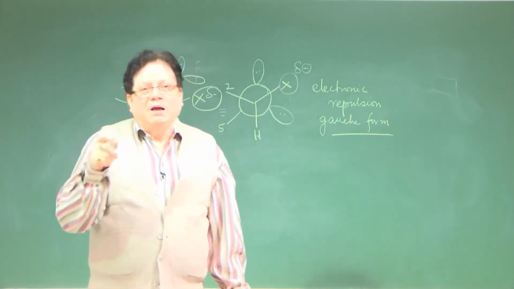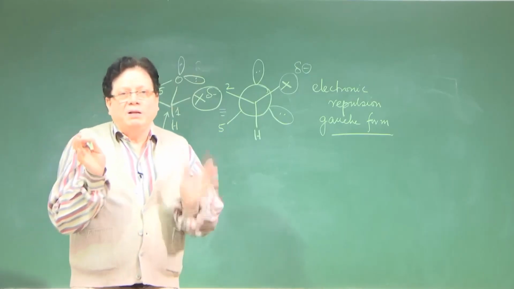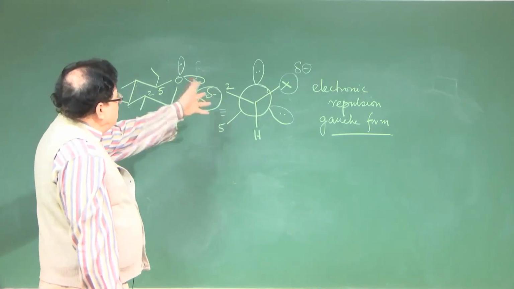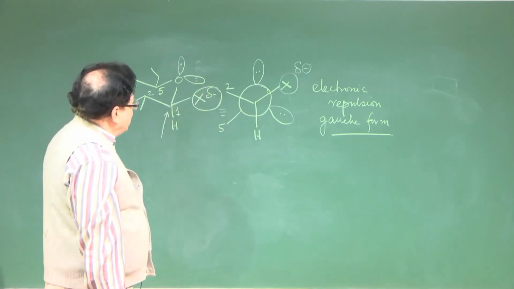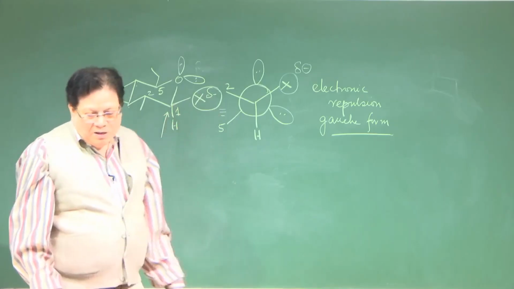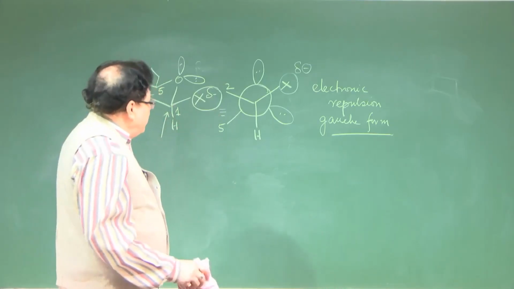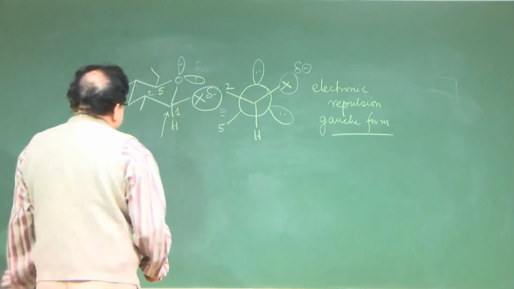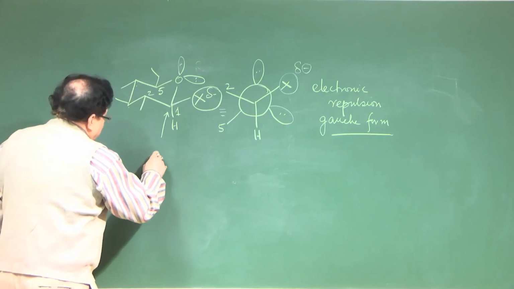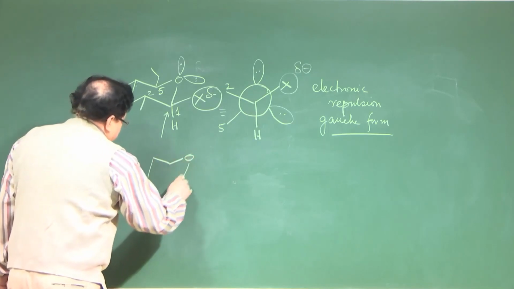The C-X bond and the direction of the lone pair are making an angle of 60 degrees. Okay. So, that basically destabilizes this system. Now, the question is, is it present in the axial isomer, or is it present but maybe to a lesser extent? Let us try to draw that. So, draw the axial isomer.